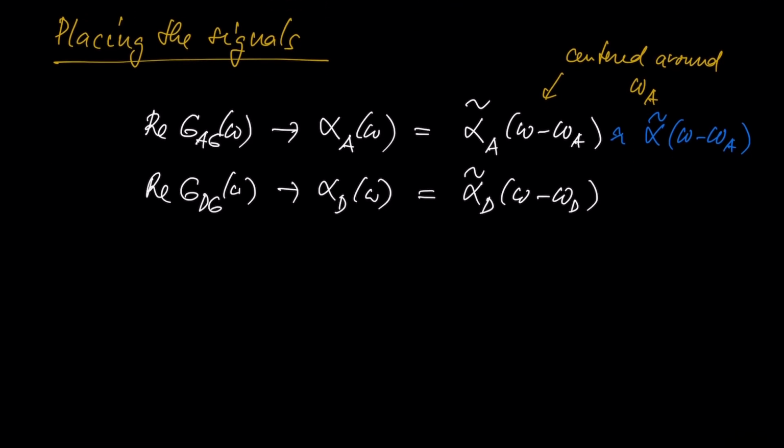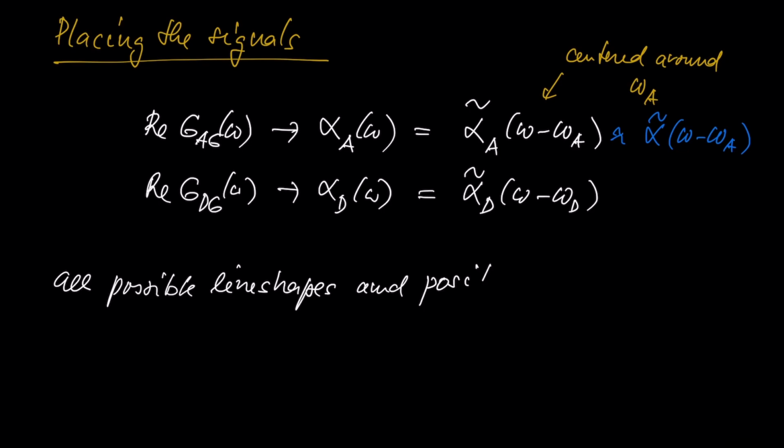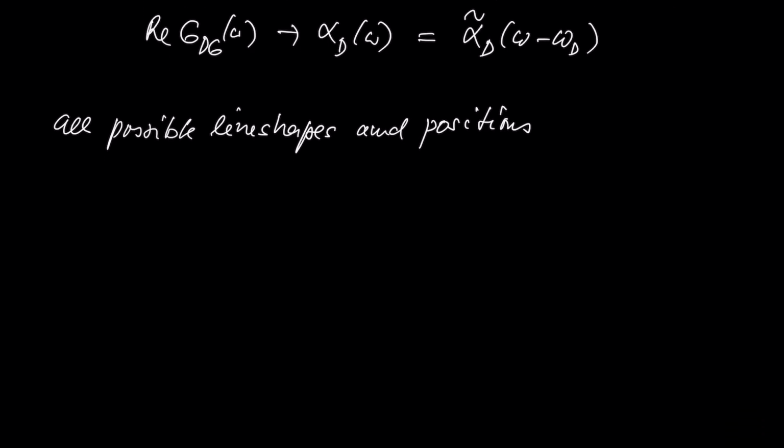Now let's draw all possible line shapes. We of course mean in this dimer, line shapes and positions. All possible line shapes and positions in what? In a two-dimensional spectrum where we draw omega T here and omega tau here.